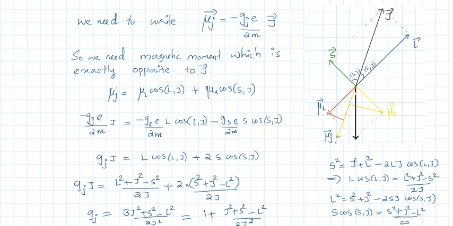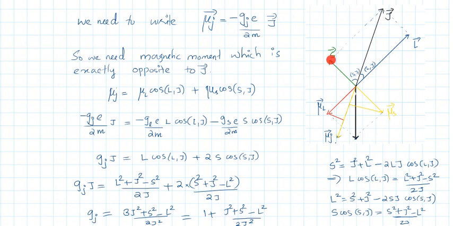Now you have to apply the cosine law. Consider this triangle. This side is s because this is s, so this will also be s. This is s, this is l, this is j. Applying the cosine law, s square is equal to j square plus l square minus 2lj cos of the angle between l and j.